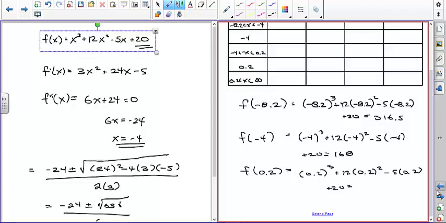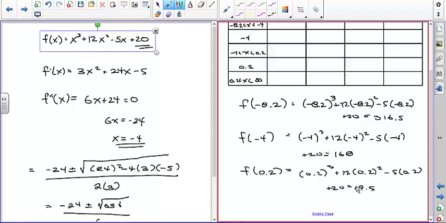Stop me as soon as you realize I've done something wrong, if I've done anything wrong. And then I get 19.5. Okay, so those are the values of the function.